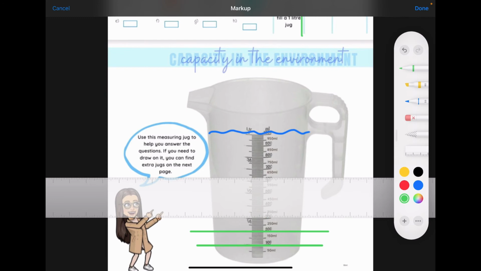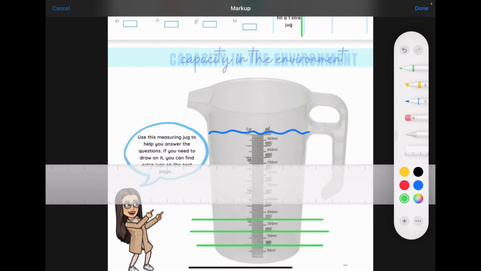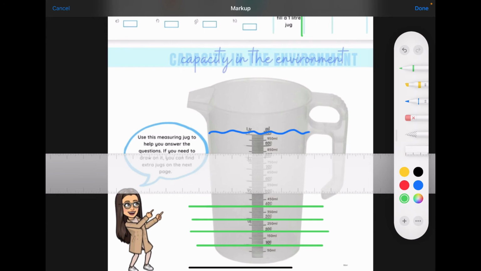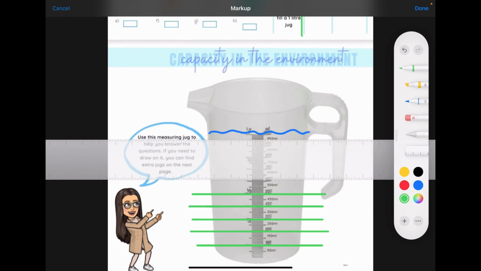So we're going to add another 100 mils. We've still got space. So 100, 200, 300. I'm going to go up to 400. That's the next 100. And then another one, 500. And we still have room. Let's keep going. 600.